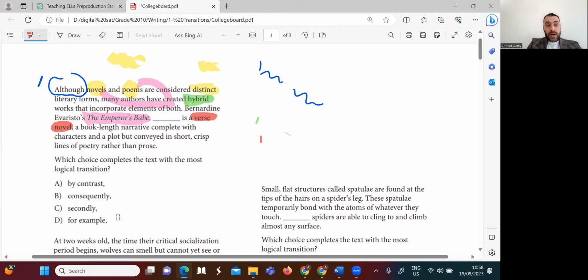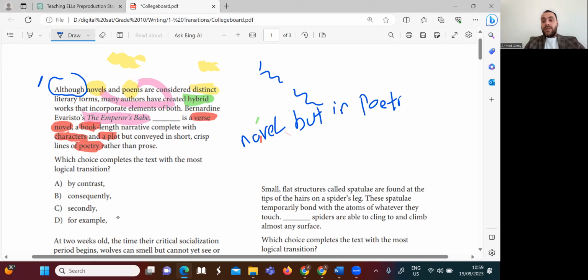A book, a lengthy narrative complete with characters and plot. The novel includes characters and plot, but conveyed in lines of what? Of poetry. So it's a novel, but in poetry lines.